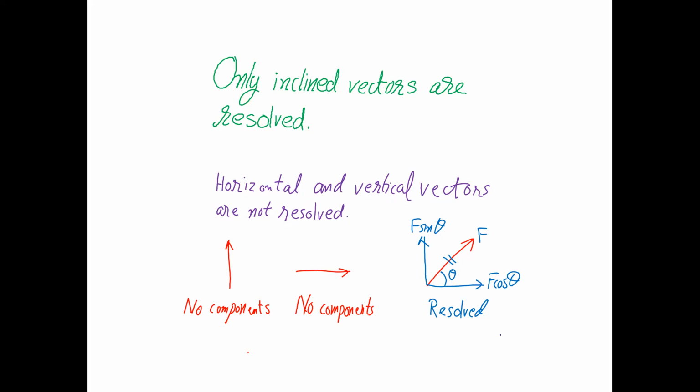You have to see the horizontal and vertical. There are two vectors and we resolve only the inclined vector.